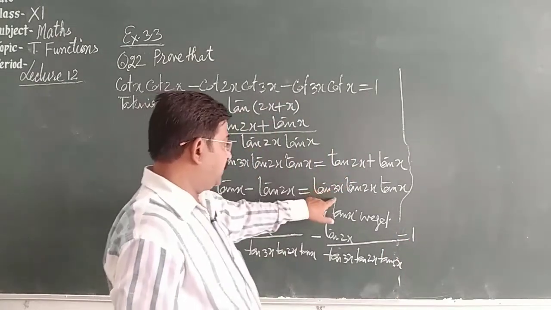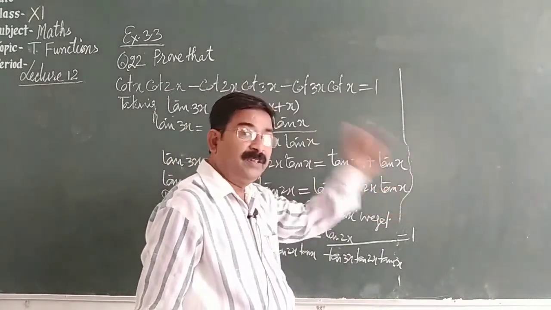Why 1? Because tan 3x tan 2x tan x upon tan 3x tan 2x tan x.